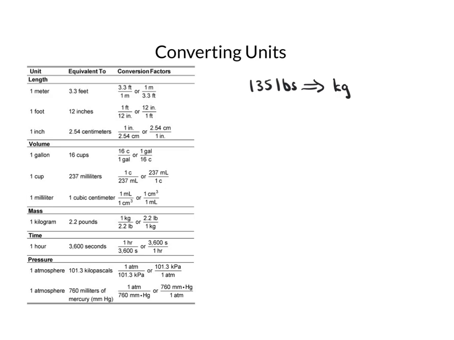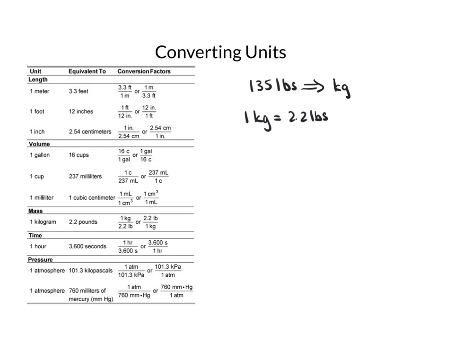So if I look here at my table, 1 kilogram is equivalent to 2.2 pounds. So if they're equivalent, then 1 kilogram equals 2.2 pounds. That's what equivalent means. So the equal sign is the equivalence.